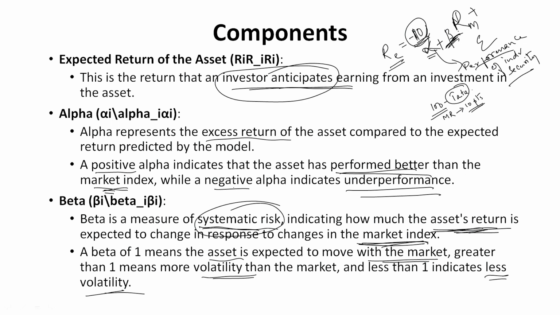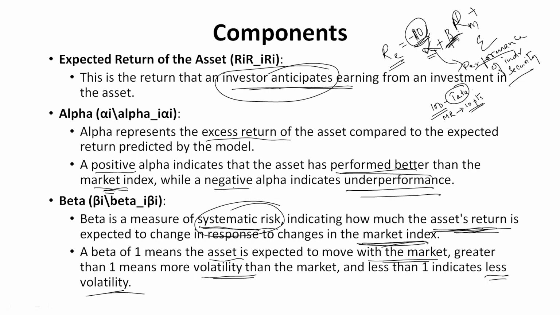So again, as we told earlier, a beta of 1 means to say that the asset is with the market. So 1 means if market is moving up, asset is also moving up. The second case is beta greater than 1, when the market is moving up, the asset is moving in multiples.